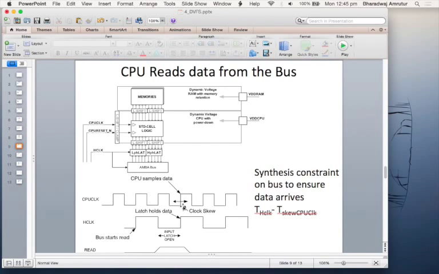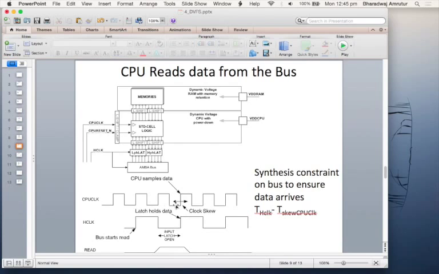So that helps that. Now if the CPU clock comes a little early, then what you have to ensure is that when the person who is transmitting the data to the CPU, that data when it comes out from that block and goes to the bus and comes here, it should satisfy the timing which is T_H clock minus T skew. Right? If you can guarantee that, then you're still okay.